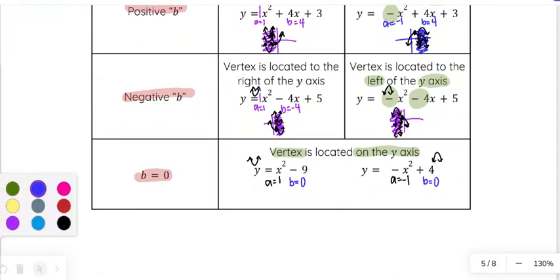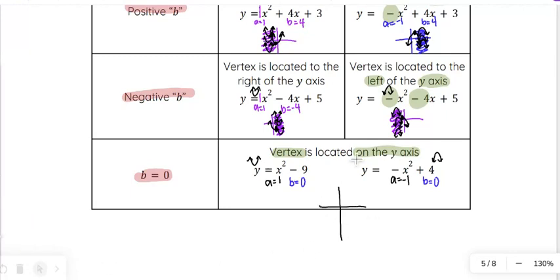So looking at our graph, if I were to sketch this, both of these examples are going to end up having a vertex on the y-axis. Now, on the left example over here, a equals positive 1, that's going to be something that opens up. So depending on the equation, it could look like any of these, as long as the vertex is on the y-axis. If it's like one of these where it's opening down, again, same concept.